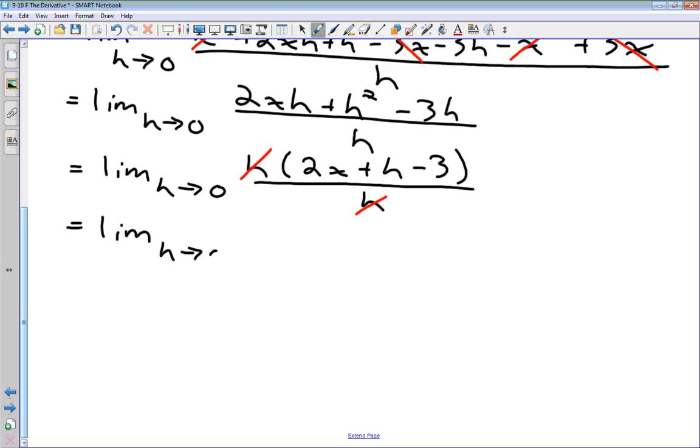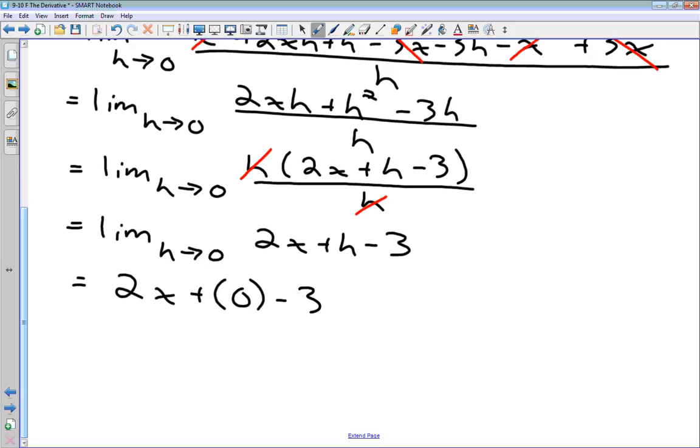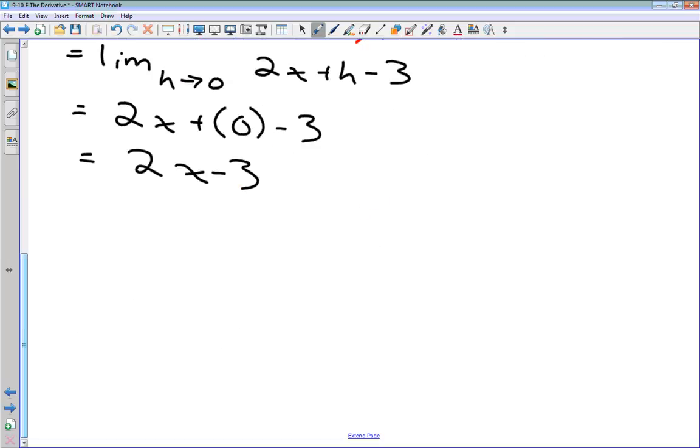So limit as h goes to 0 of 2x plus h minus 3. So now I have something that I can evaluate by substitution. So I'm going to sub in h equals 0. I get 2x plus 0 minus 3, which gives me 2x minus 3. This is my derivative function.